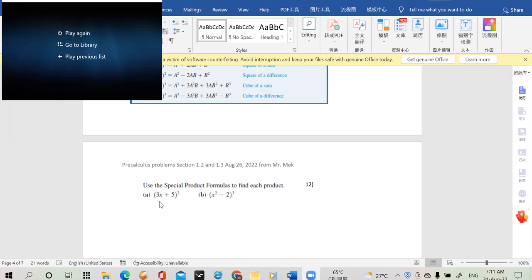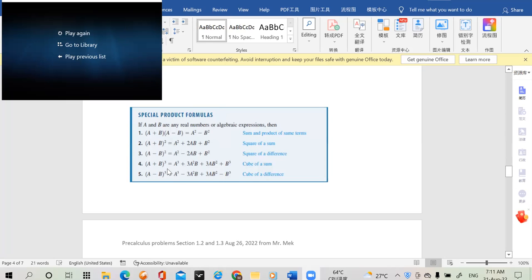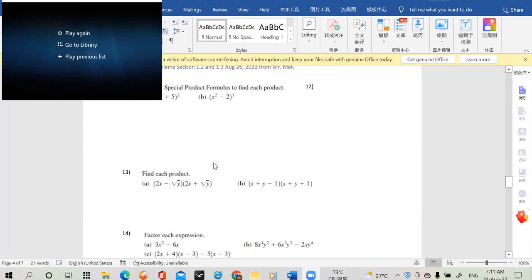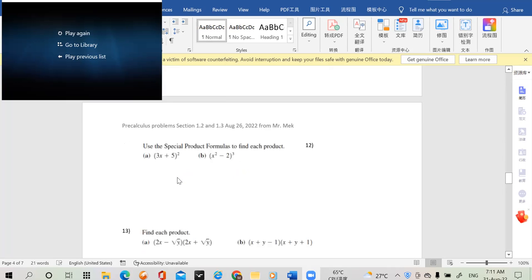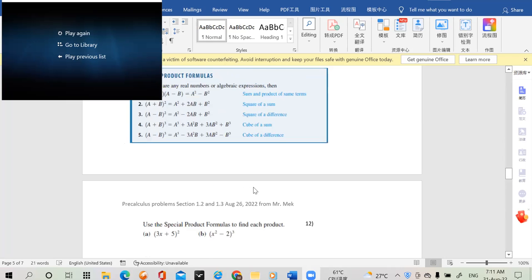So, for example, 3x plus 5 squared, you could do it the long way and do 3x plus 5 times another 3x plus 5, but it's easier for you to just use rule number 2 and then make it look like that, okay? Same thing with part B. And this one, you can use that to help you if you want as well. Just to make your life a little easier.